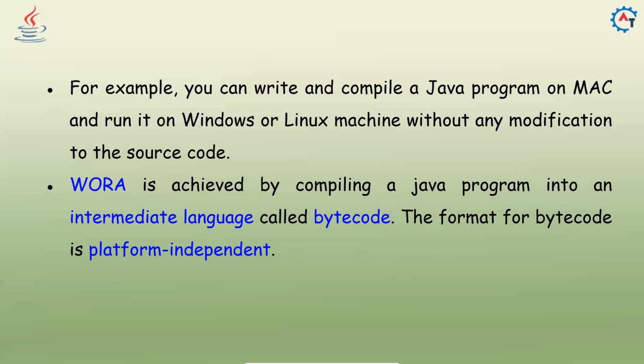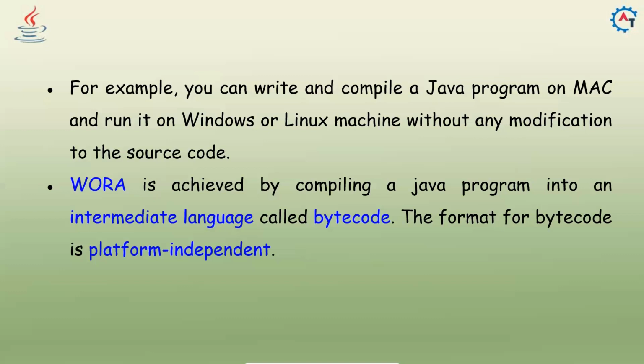When you compile that code, it will be converted into the intermediate language called bytecode. We cannot understand the bytecode. That bytecode is platform independent. Because of this bytecode, Java is platform independent.